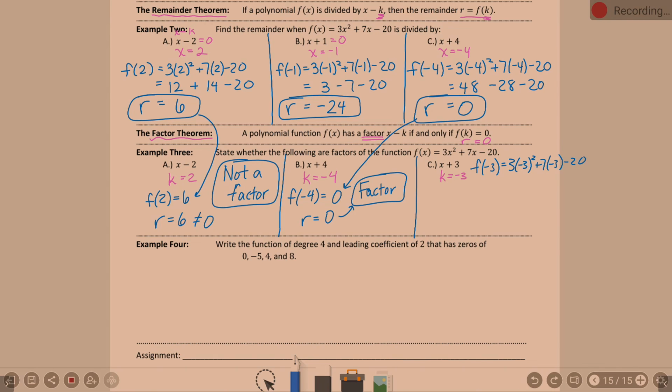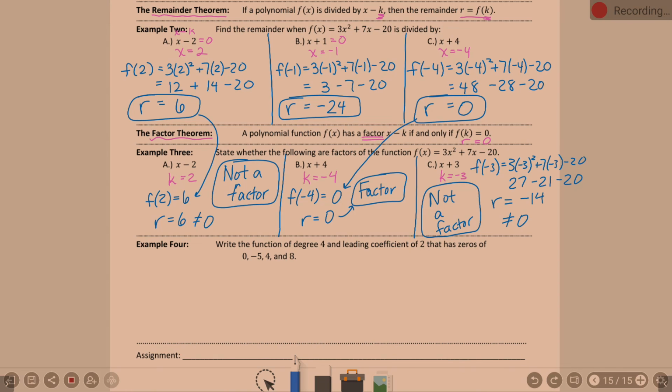So 27 minus 21 minus 20. 6 minus 20 is negative 14. So this is your remainder. And what do you know about negative 14? It is not equal to 0, so this is not a factor. Told you, there's some easy stuff here, isn't there?